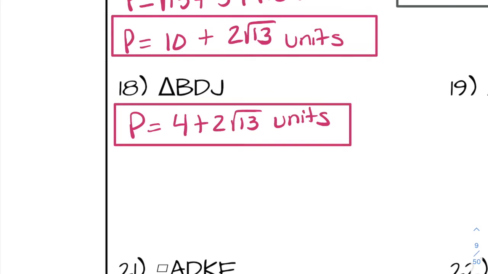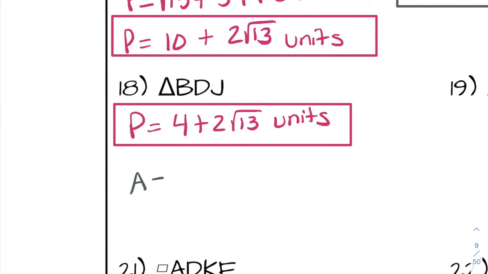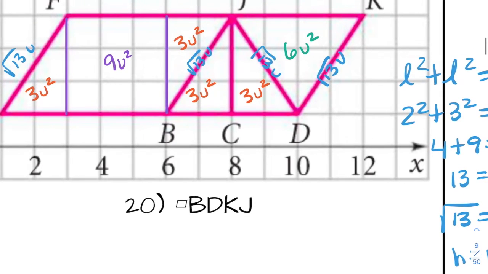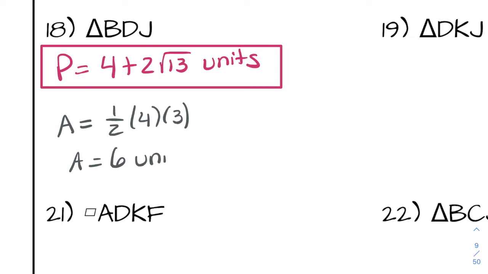And when you write radicals, you tend to put the whole numbers first. So 4 would come first in this case. And then now area is, units squared, it's half of 4 times 3. So area is 6 units squared.